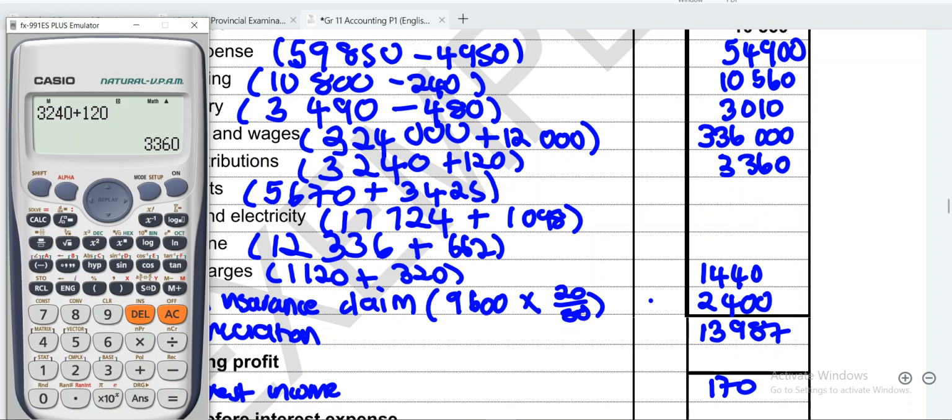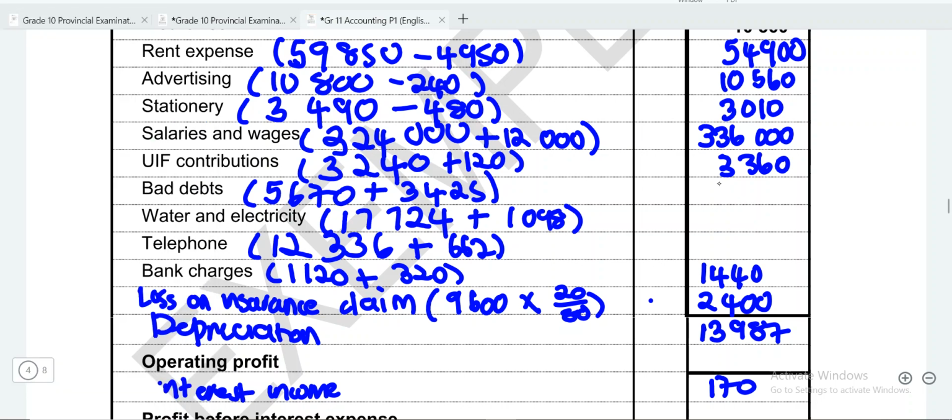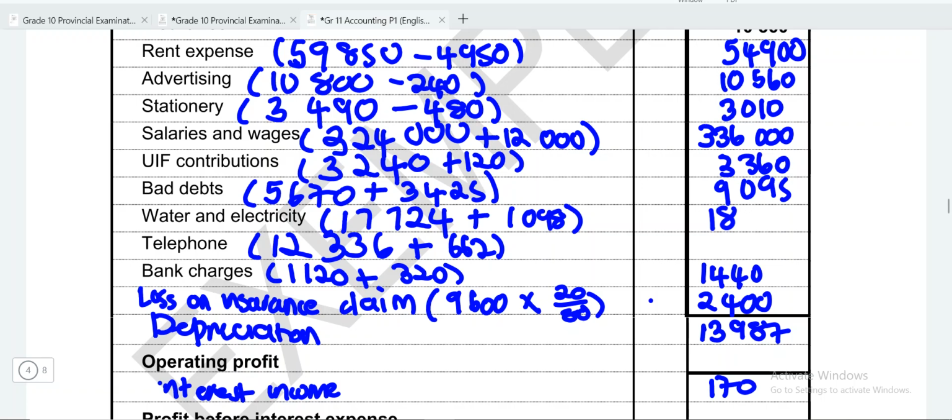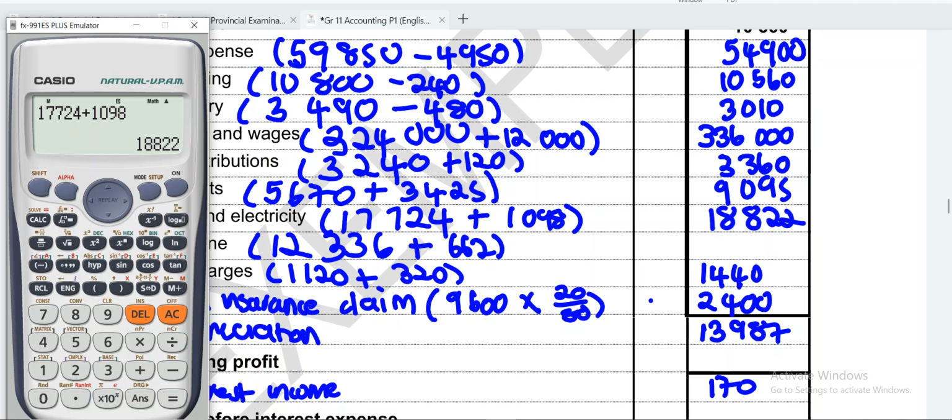Then we are left with few items. If we say 5,670 and then we say plus 3,425, it is going to give us 9,095. And then if we say 17,724 plus 1,098, it is going to give us 18,822.